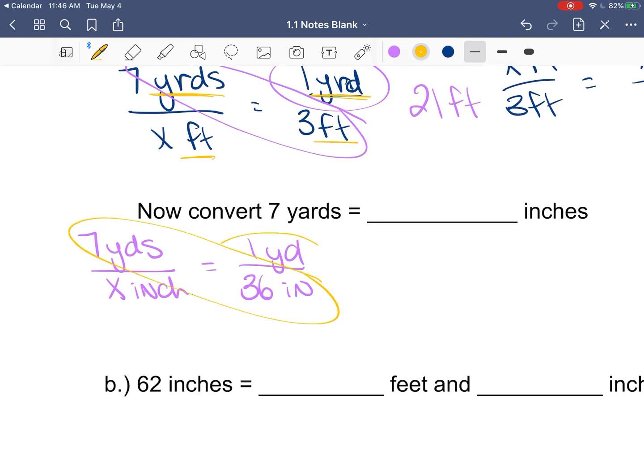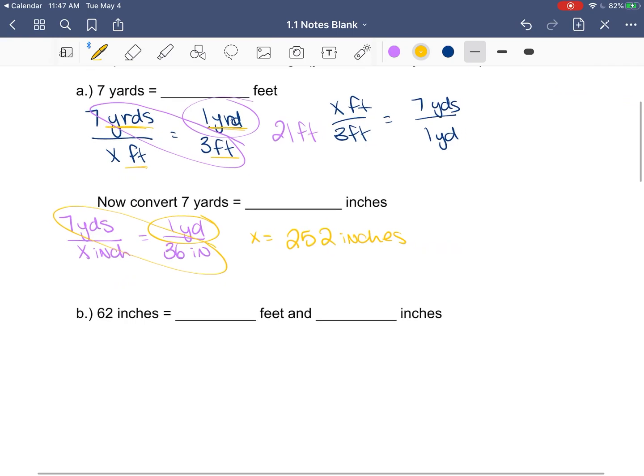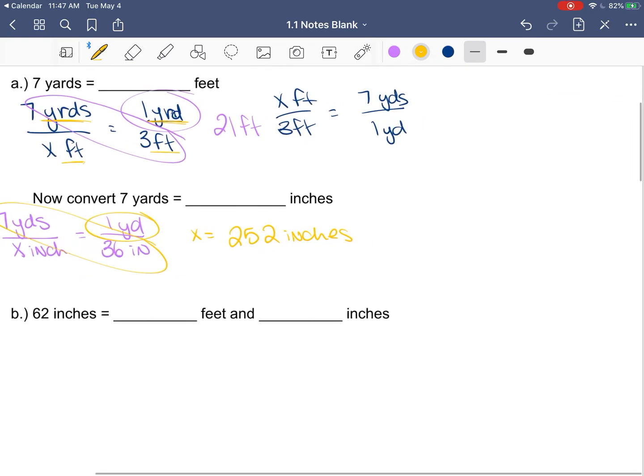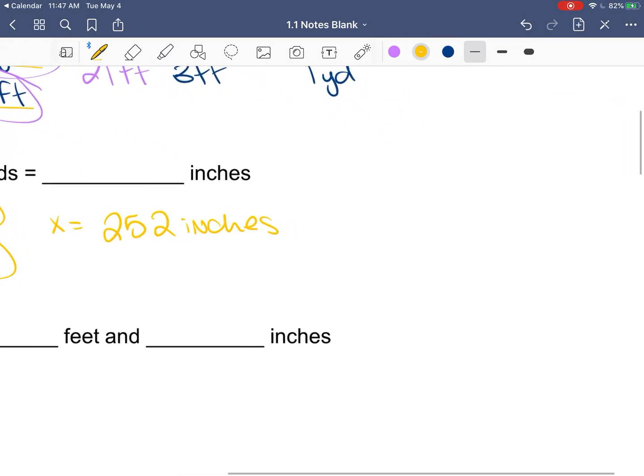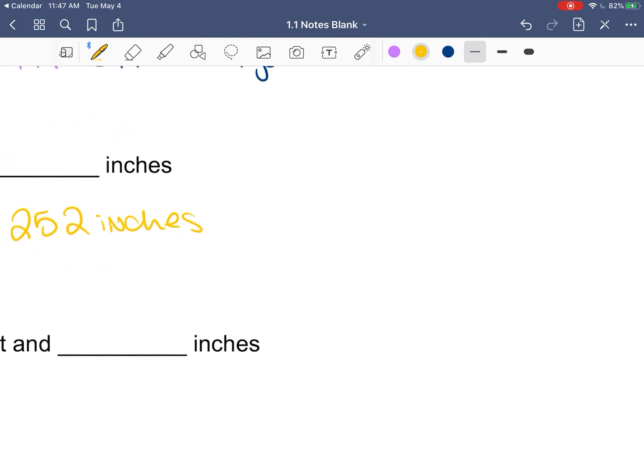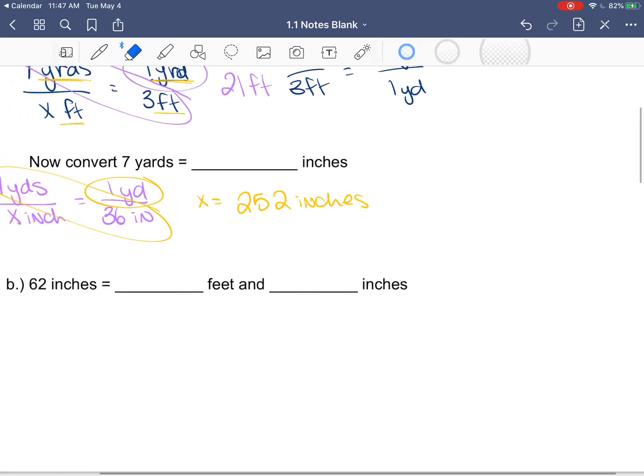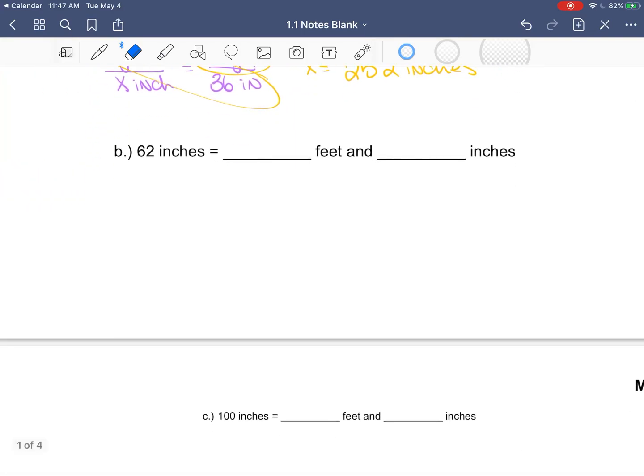So multiply the pair, divide by the spare. We get X is equal to 252. Let me just double check that. Yes, 252, and my units are inches.